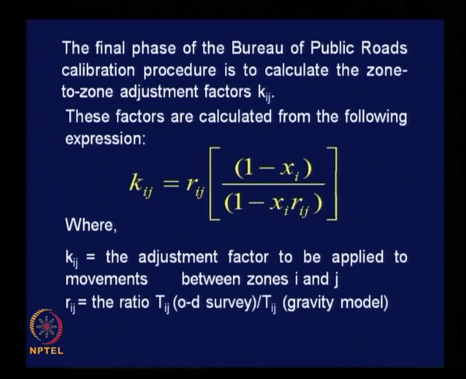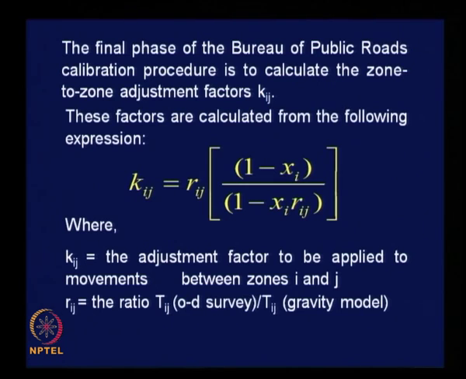Rij is the ratio of Tij based on OD survey, or observed, you can say, Tij OD survey divided by Tij gravity model. Are you able to appreciate the logic of getting the ratio Rij as the ratio of observed trip interchanges and model estimated trip interchanges between a zonal pair?